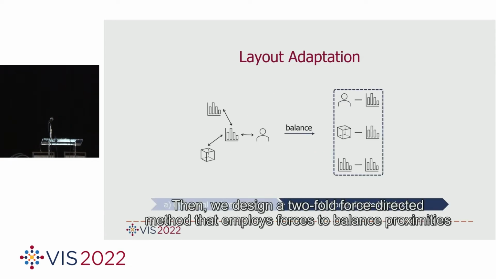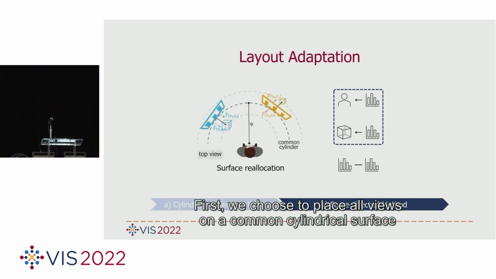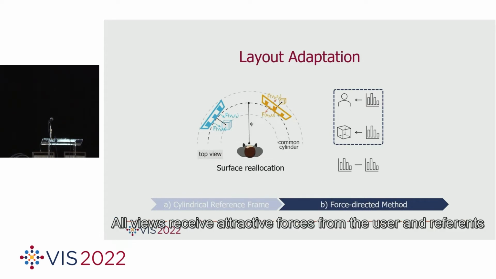Then, we design a twofold force-directed method that employs forces to balance proximities between the user, reference, and views. First, we choose to place all views on a common cylindrical surface. All views receive attractive forces from the user and the reference.